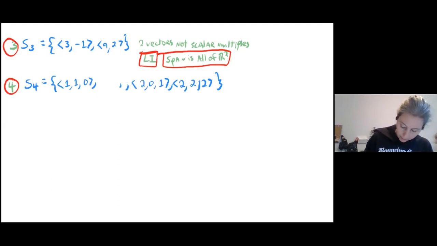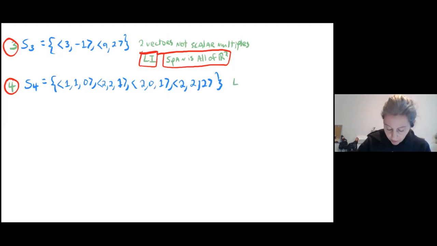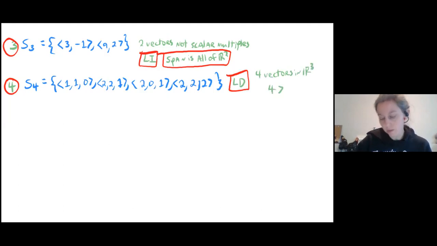I'm going to rewrite it. 2, 2, 1. So I can immediately say that these are linearly dependent. They're linearly dependent because it is 4 vectors in R3, and 4 is bigger than 3. It only takes 3 vectors to span the whole space of R3. So if I've got 4, clearly one of those 4 vectors is useless.